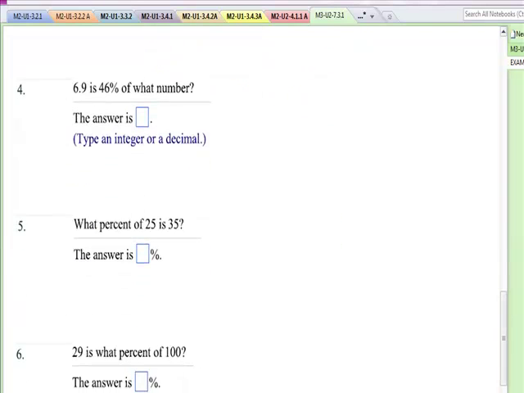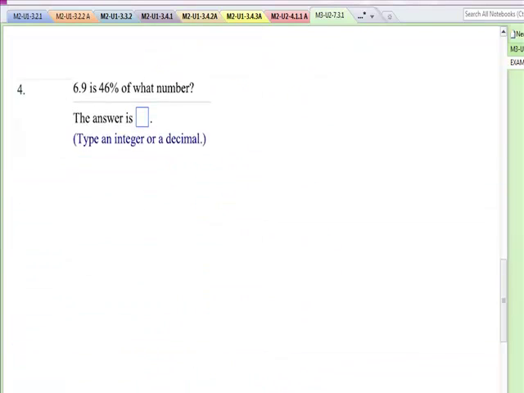All right, next one. 6.9 is 46% of what number? So is over of equals percent over 100. 6.9 goes in the is spot.